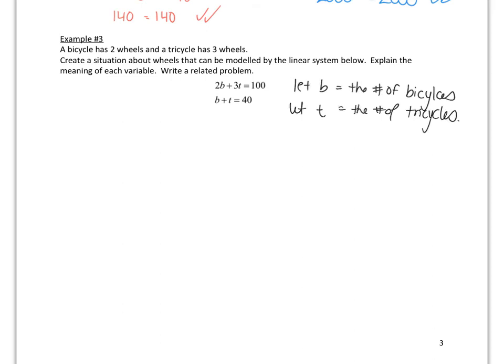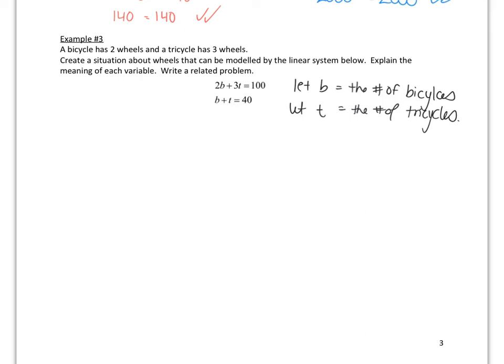All right. Now I knew that this was number of tricycles, not wheels or something like that, because 2 times bicycles plus 3 times tricycles equals 100. Well, a bicycle has 2 wheels and a tricycle has 3 wheels. So if I multiply 2 by the number of bicycles and 3 by the number of tricycles, I'm counting wheels. That must mean there's 100 wheels.